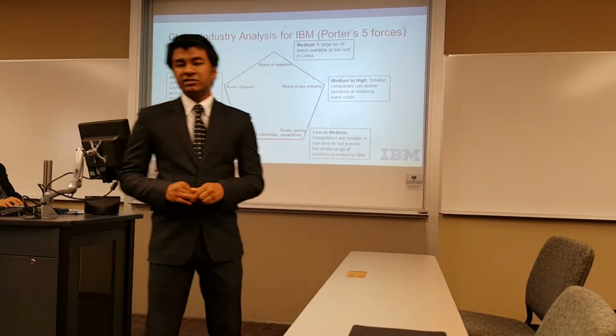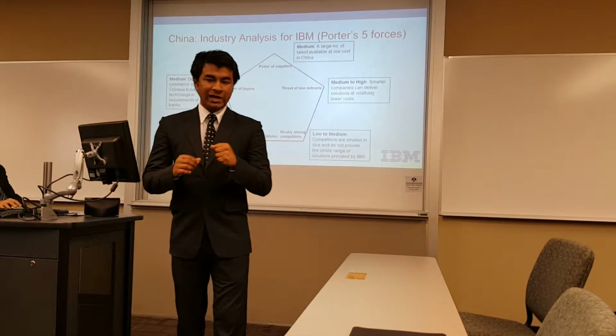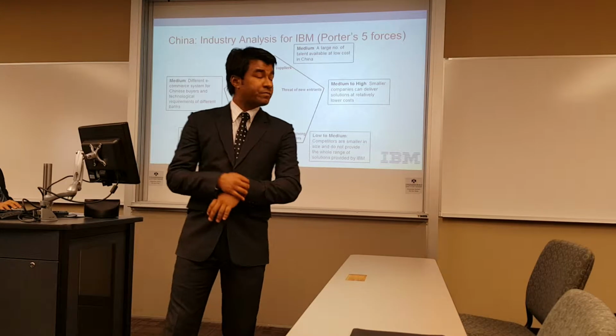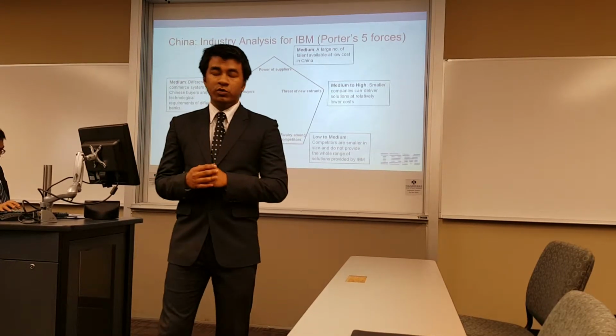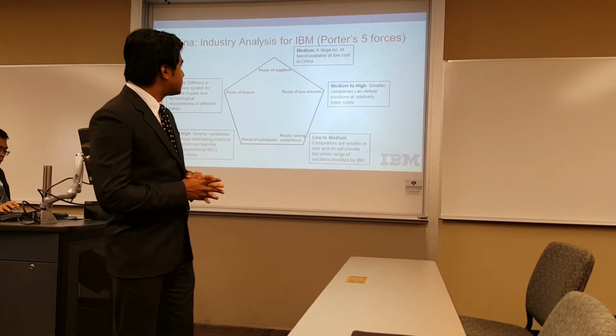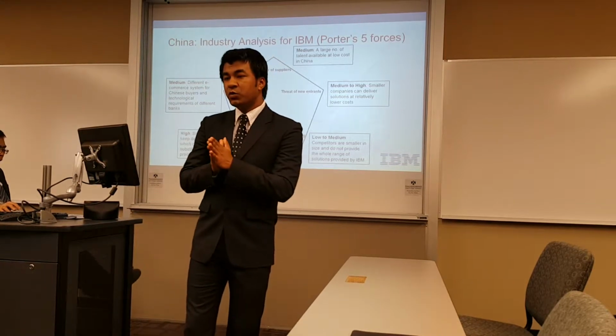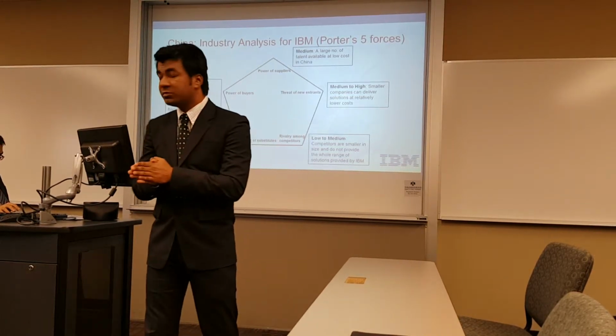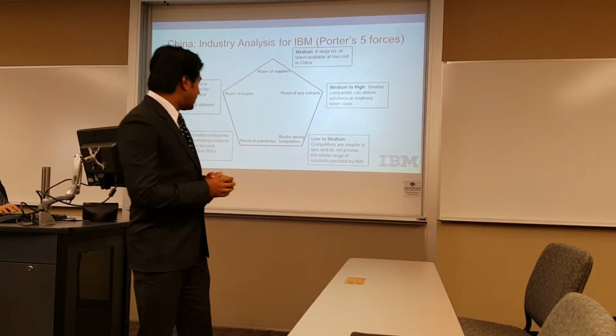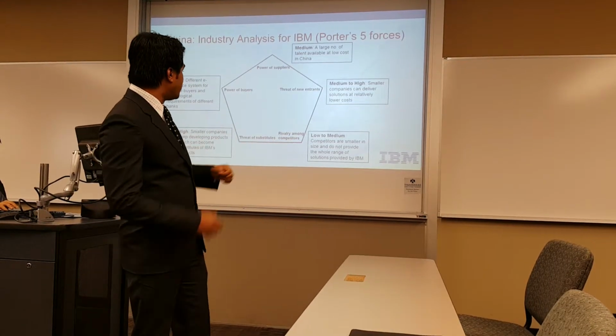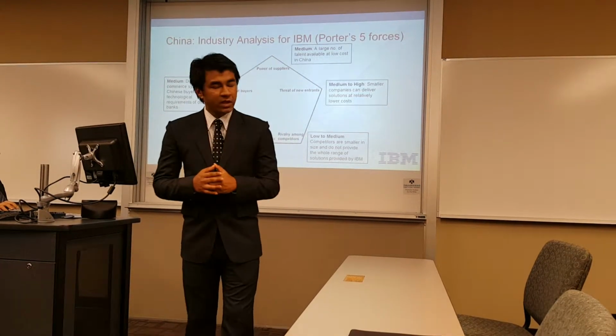We also did an industry analysis for IBM with respect to China with the help of Porter's 5 Forces. As we have found in our analysis, most of the forces are either medium or medium to low. I would like to point out one of those, the threat of substitutes.